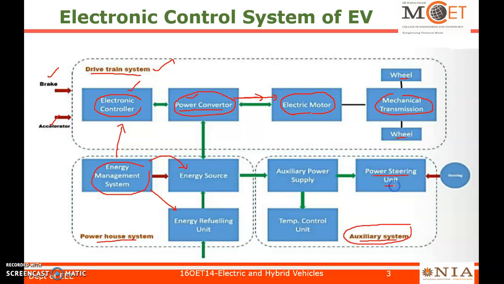This power steering unit is operated by the operator or driver of the electric vehicle, through which the body of the electric vehicle can be controlled and maintained. And the auxiliary power supply provides the electrical supply to the power steering unit for its operation. So this is the idea of the block diagram of the electronic control system of electric vehicle.